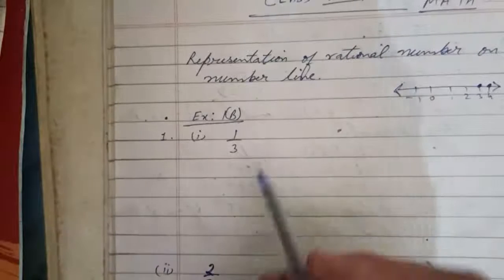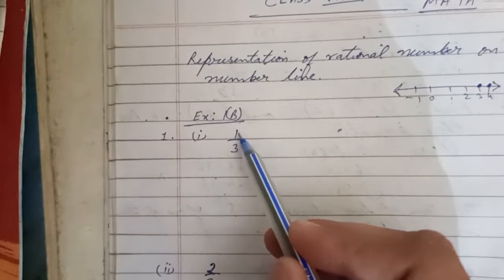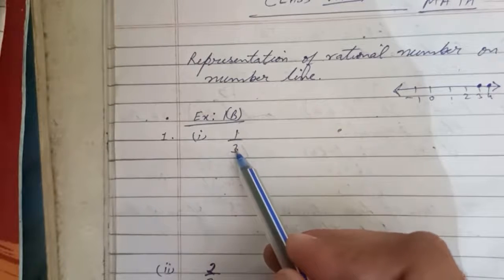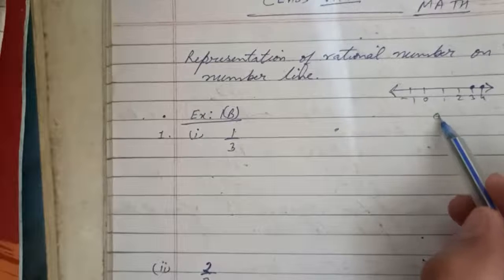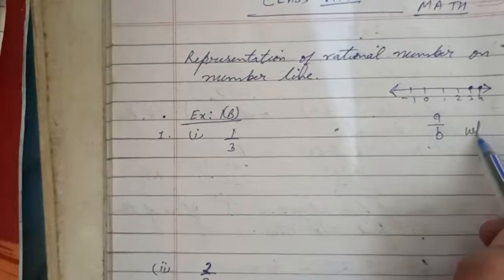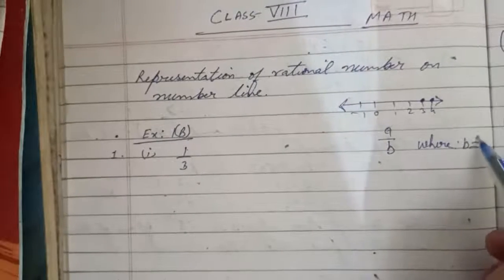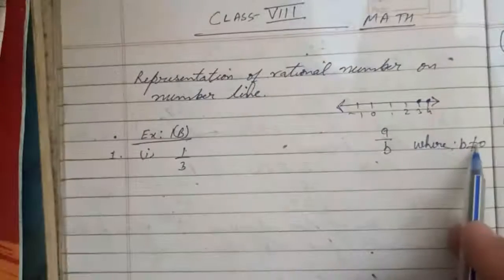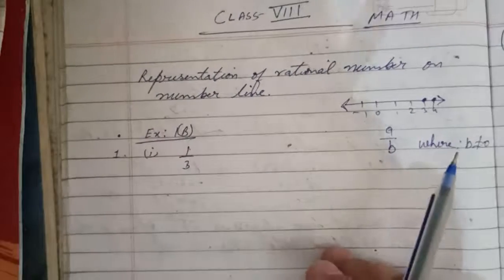Okay, now let us see. Is this a rational number? Yes, because it's of the form a upon b. We have already seen in the previous exercise that any number of the form a upon b, where b is not equal to 0, is known as a rational number.